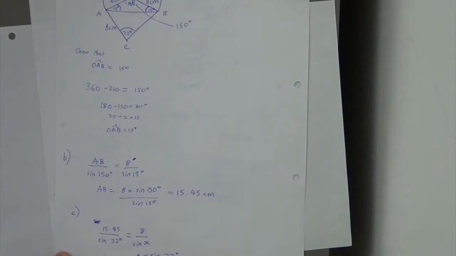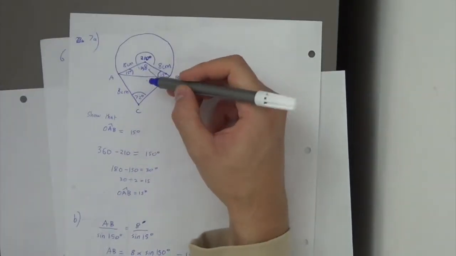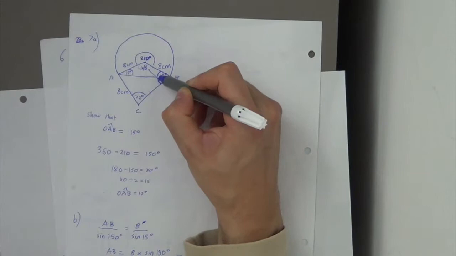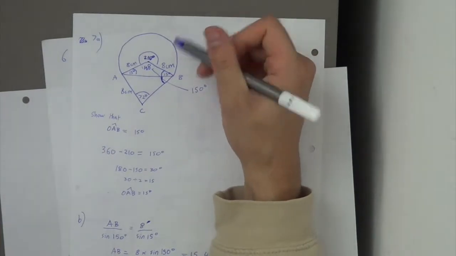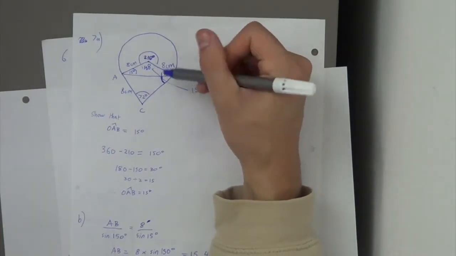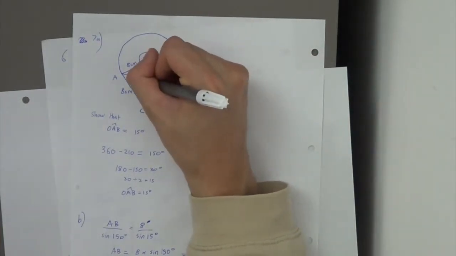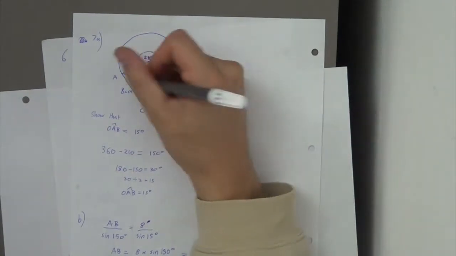Next question. It says calculate the angle ABC, which is this angle here. So how do I do that? I'm going to use the sine rule as well. I'm just going to write what I found out in the last question.